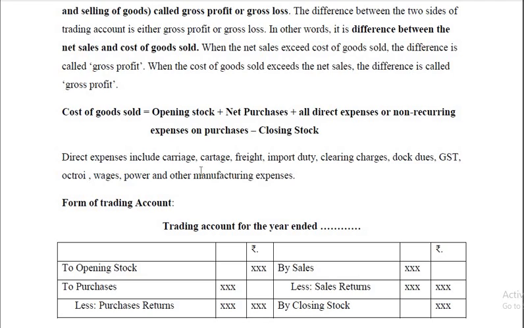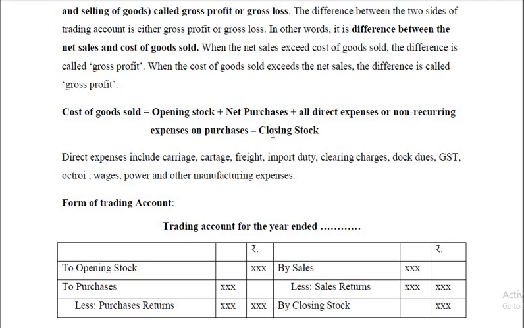All direct expenses include carriage, cartage, freight, import duty, clearing charges, dock dues, GST or octroi, that is local taxes, wages, power and other manufacturing expenses, put together. That is called direct expenses on purchases. Only on purchases, not on sales.